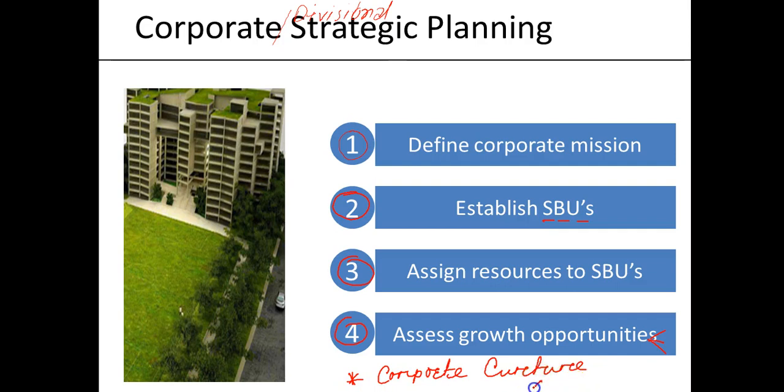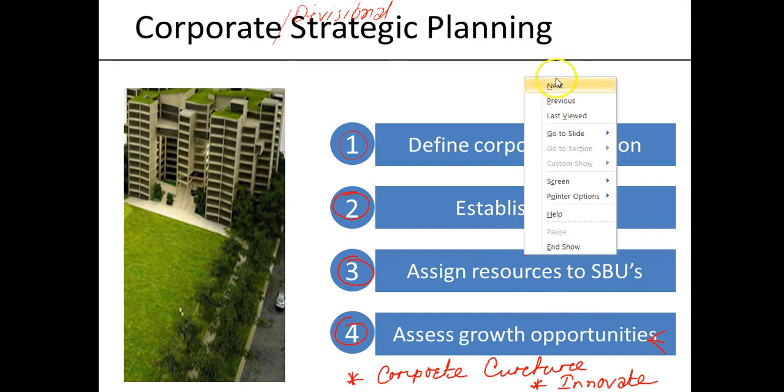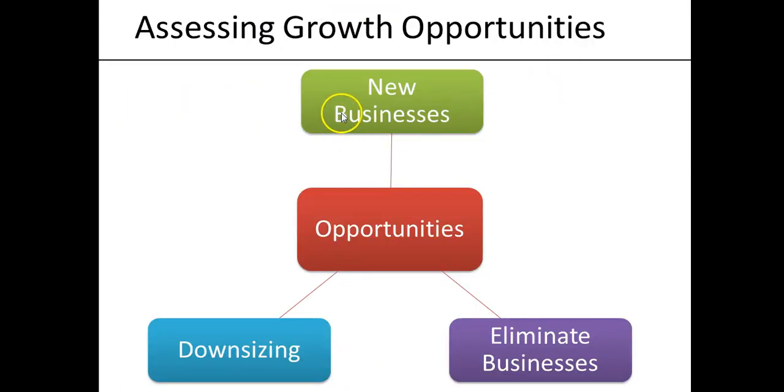And the next point is about innovation. How do we keep on innovating and making the organization prosper and stay relevant with the changes in our environment? And now, about assessing the growth opportunities.